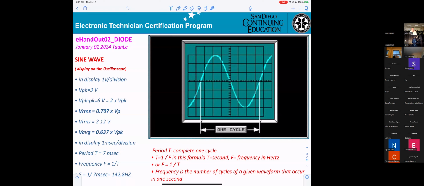So you cannot measure the frequency; you can only measure the period. If you want the frequency, you have to use the formula F equals 1 over T in order to get the frequency.